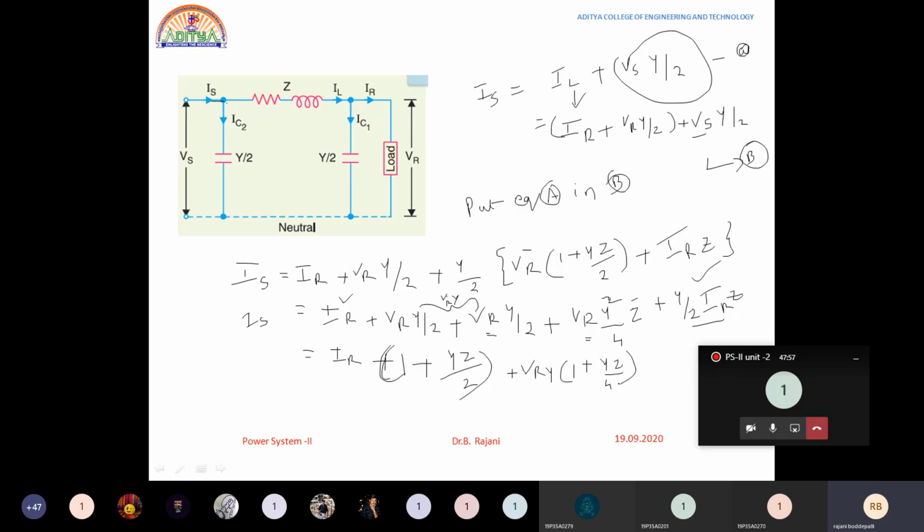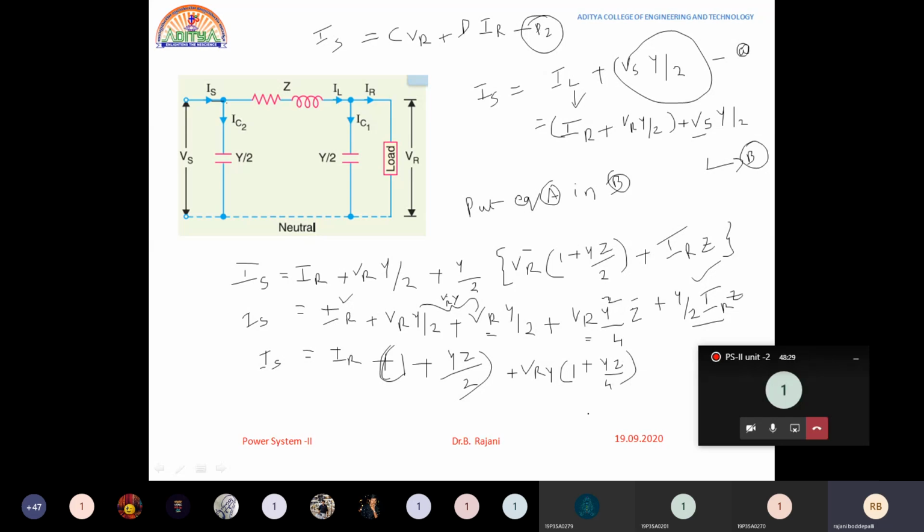Now if I compare this equation, IS is equal to C into VR plus D into IR. What is the general equation we have? IS is equal to C into VR plus D into IR. Let us call this equation P2.